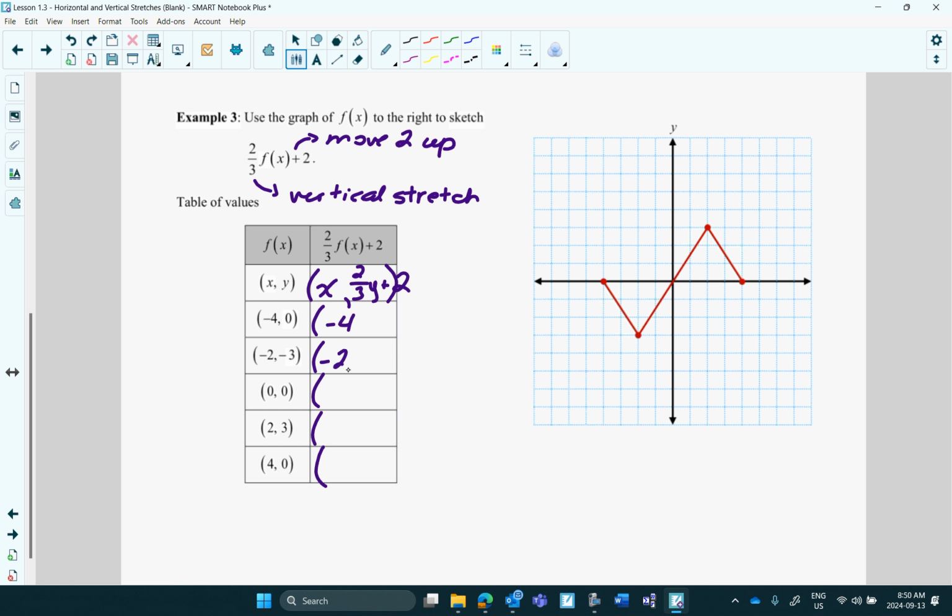Remember, the x's don't change, so I can just rewrite the x's. But now I've got to calculate the new y's according to my mapping notation formula. So 2/3 of 0 plus 2.